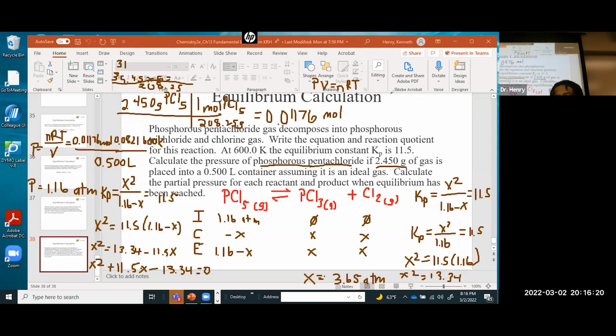So we have x equals negative b plus or minus the square root of b squared minus 4ac over 2a. There you go.